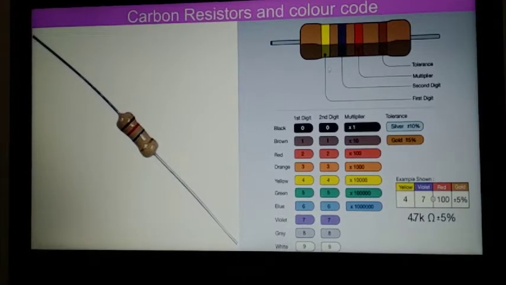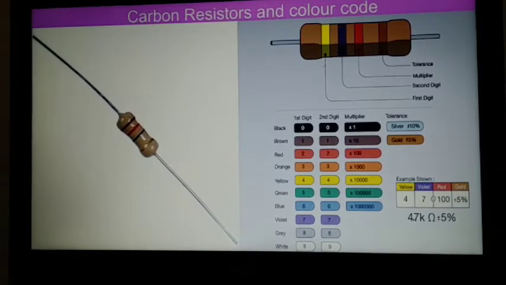Now you see here, these three rings are close and the fourth one is somewhat far away from the first three. So you keep all these three colors on the left hand side and the last one on the right hand side.